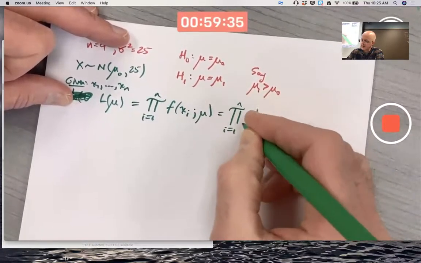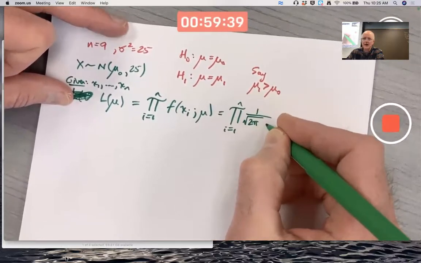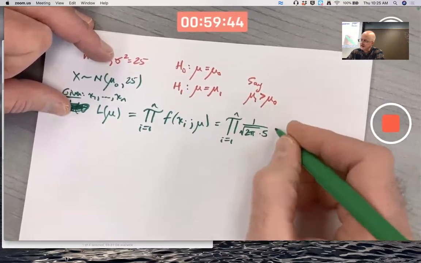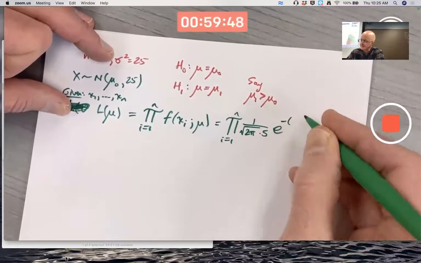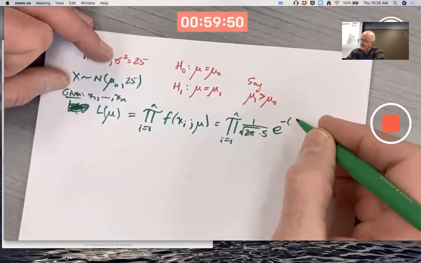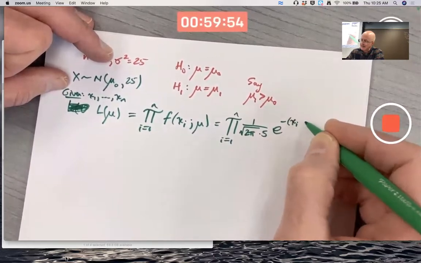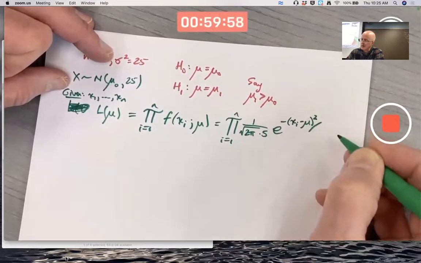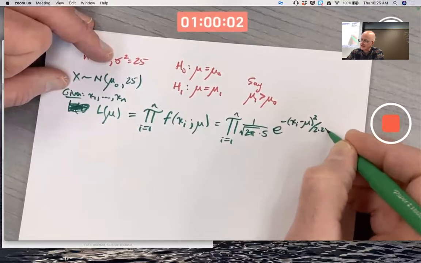One over square root of 2 pi times sigma. If sigma squared is 25, sigma is 5, times e to the negative xi minus mu squared over 2 sigma squared, 2 times 25.